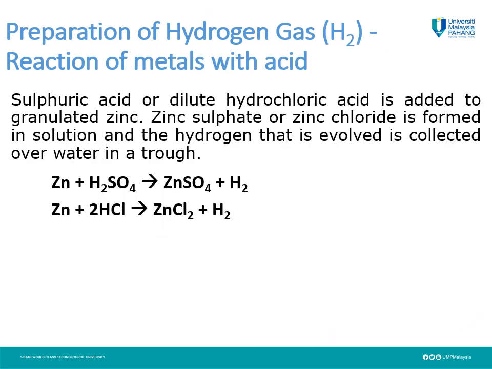The second preparation of hydrogen gas is by reaction of metals with acid. For example, sulfuric acid or diluted hydrochloric acid is added to granulated zinc. Zinc sulfate or zinc chloride is formed in the solution, and the hydrogen that is evolved is collected over water in a trough.